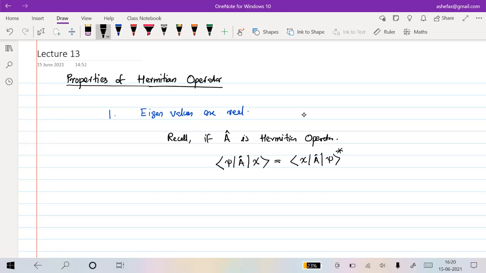Actually we would have to write A dagger here, but since it is a Hermitian operator, A dagger is the same as A.